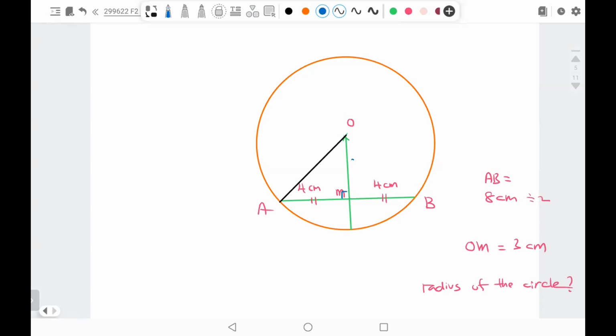Since here is 3 cm and AM is 4 cm, we can find out the radius. So what is the radius of this circle? Joe, what's the length of the radius?